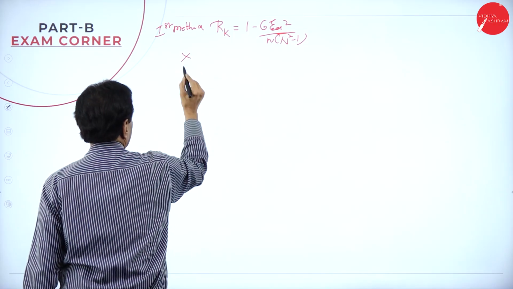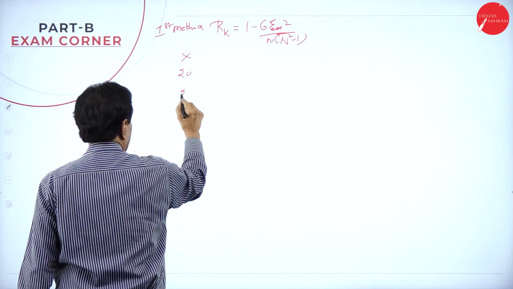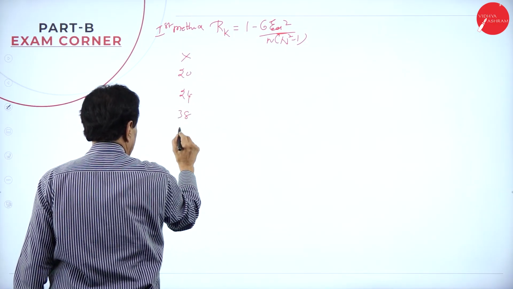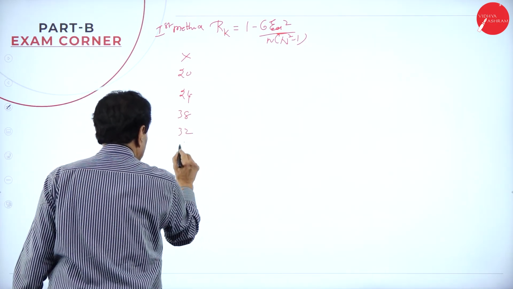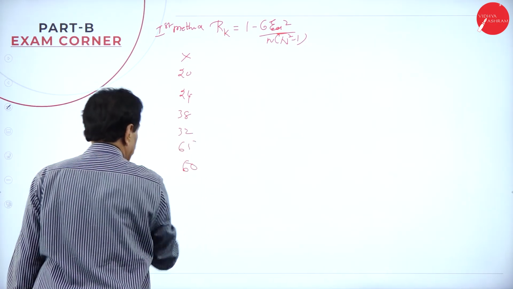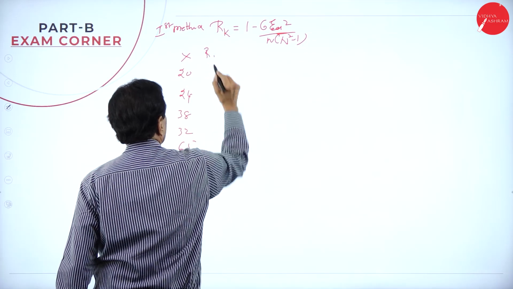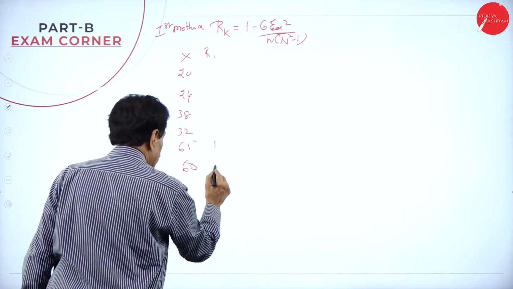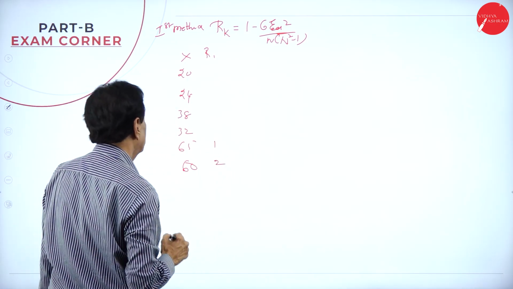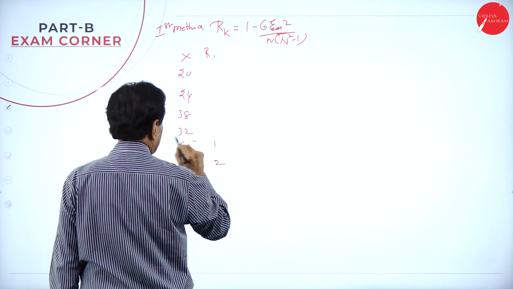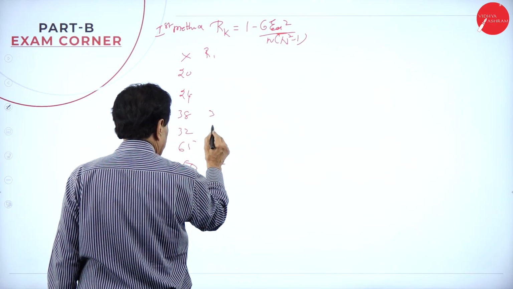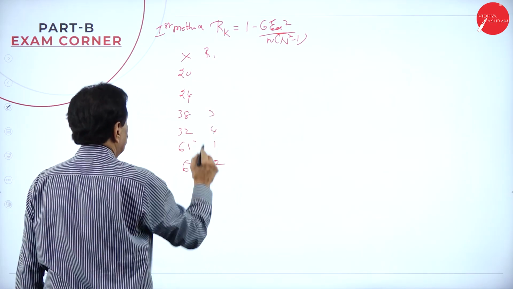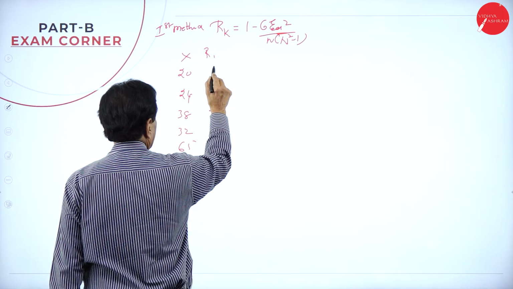Assume x is 20, 24, 38, 32, 65, 60. R1: which is the highest? 65 is the first rank, 60 is the second, 38 is the third, 32 is the fourth, 24 is the fifth, 20 is the sixth.